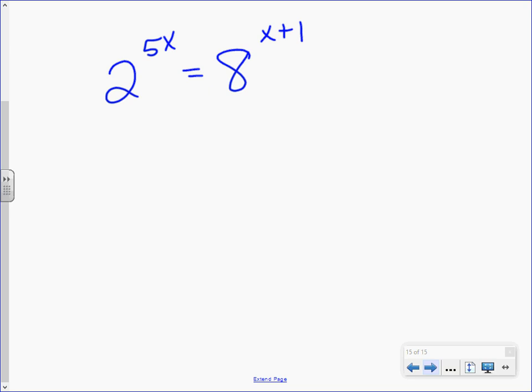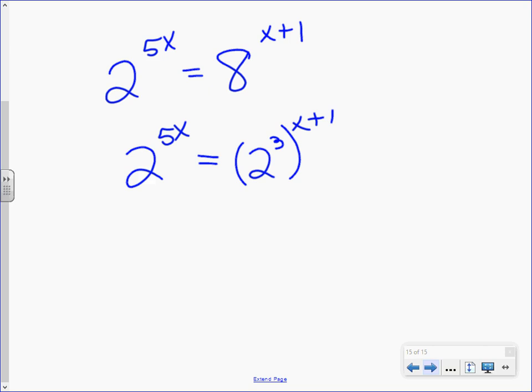Okay, if I wanted to do this problem right here. Caleb, what would you need to do? You have to do the 8, you have to make it 2 to the power of something. We need to write these as the same base. So 8 is the same thing as 2 cubed.